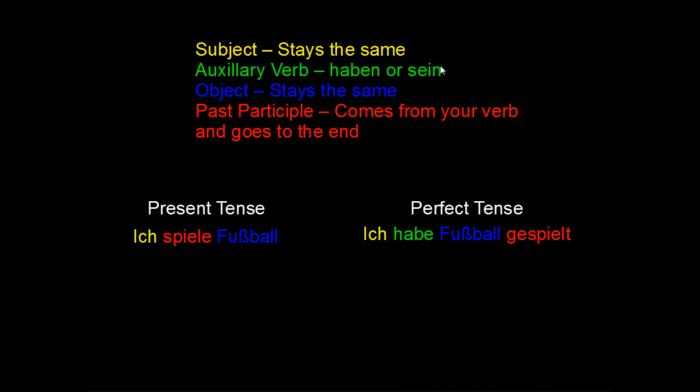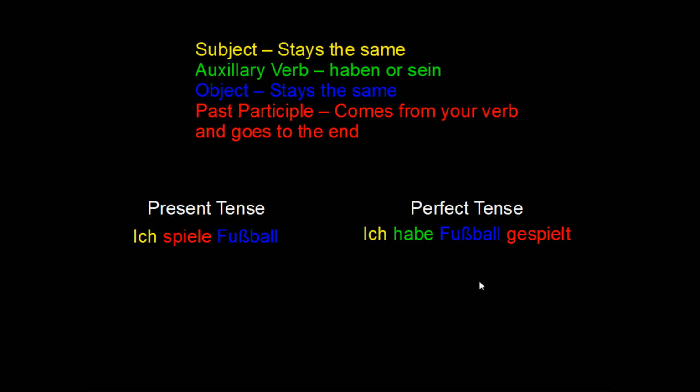We'll explain the difference between the two later. Your object stays the same, so that keeps life simple, and your past participle, it comes from your verb and goes to the end. So you notice gespielt, it has spiel in the middle, because it comes from spiele. We make it from spiele, and we'll explain how we do that.